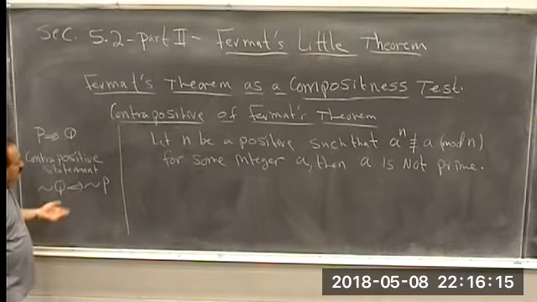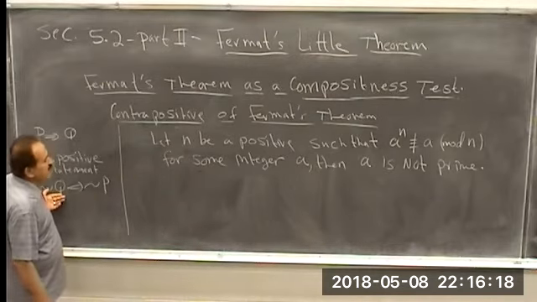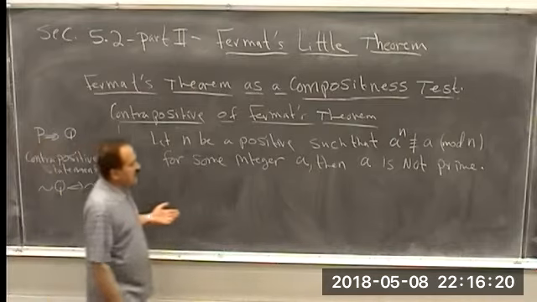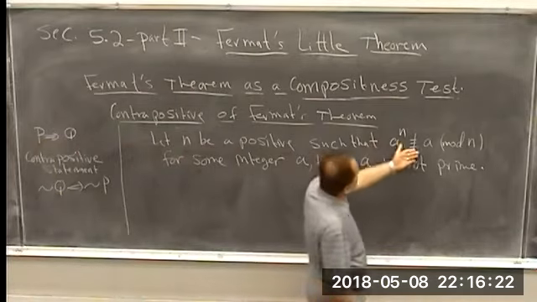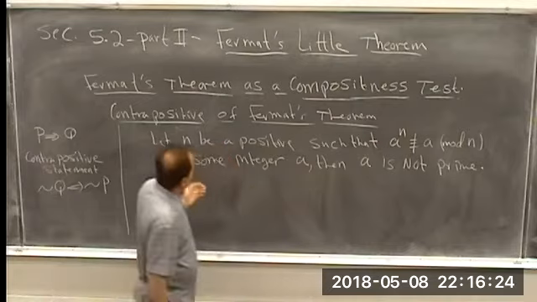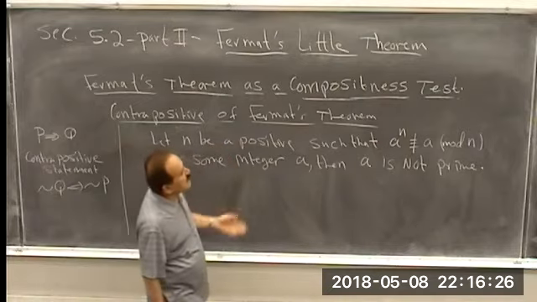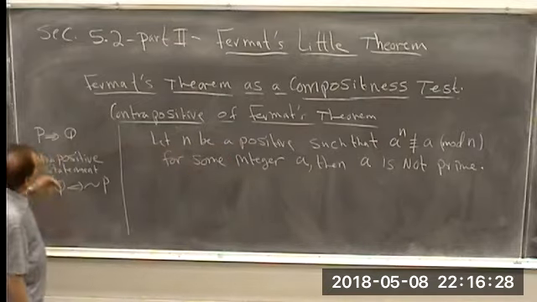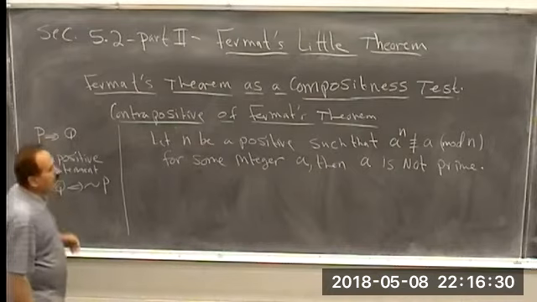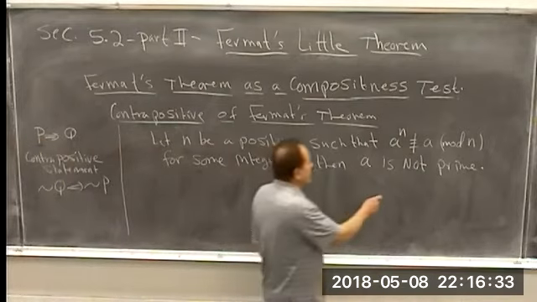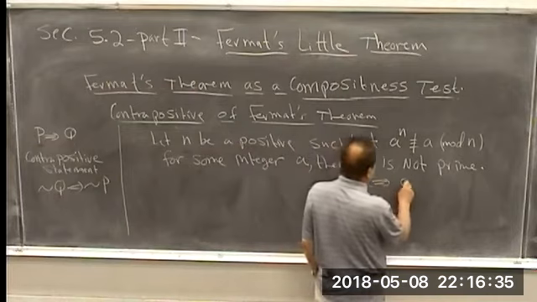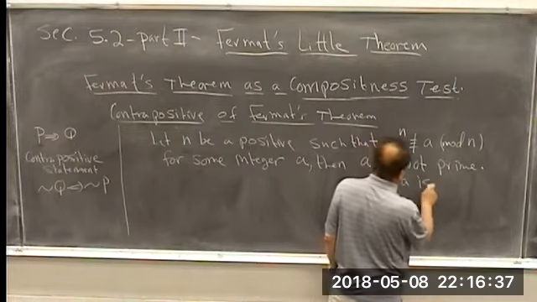So the conclusion Q is actually the congruence. If this is not satisfied, then the statement P, which is p is a prime, fails. So n is not prime, which is equivalent to saying n is composite.